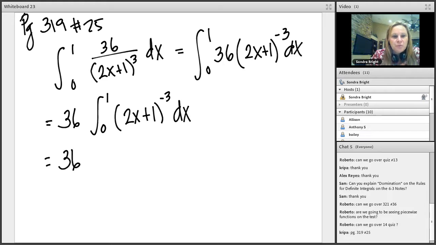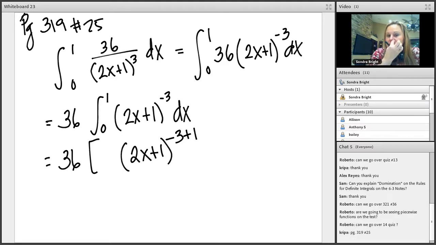So when you undo that, you take this negative 3 and add 1 to it, which gives you a negative 2. But you would have popped that in front and multiplied by a negative 2, so you have to undo that by dividing by negative 2, which is the same thing as multiplying by negative 1/2.